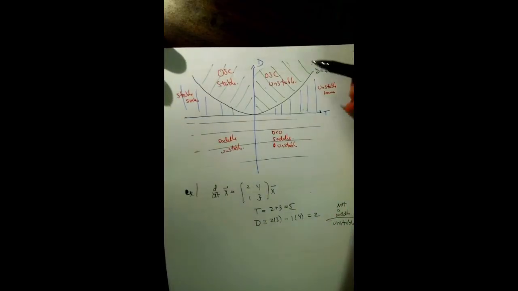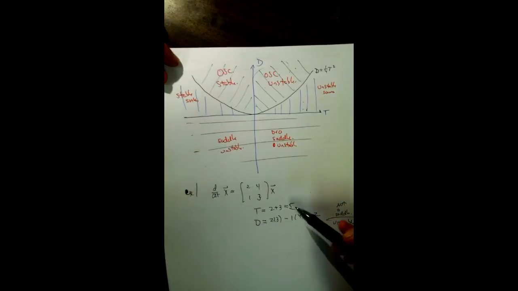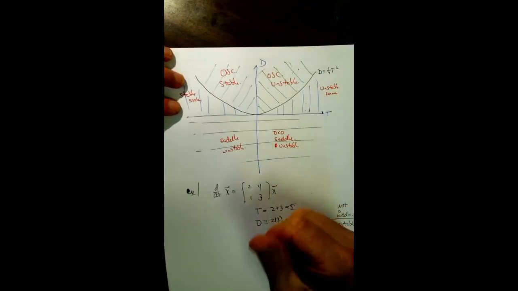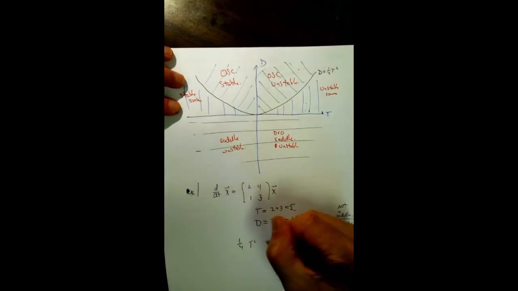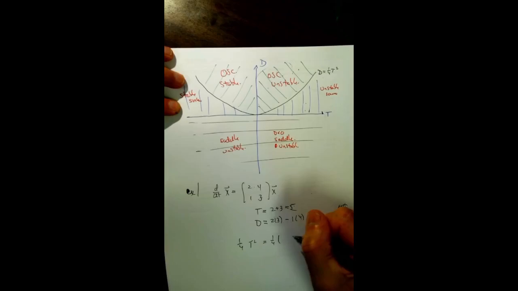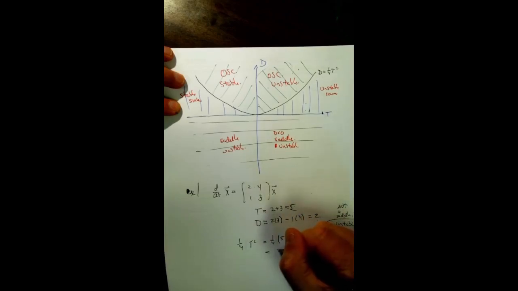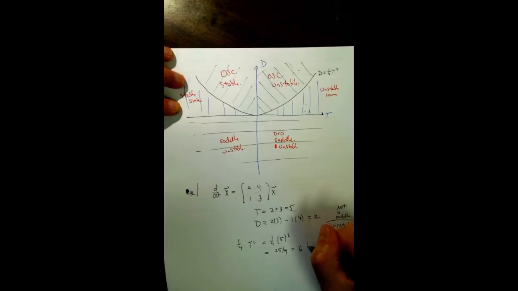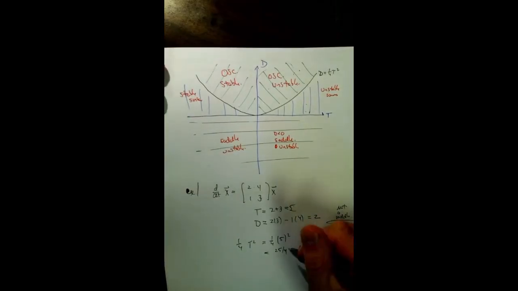It's either going to be oscillating and unstable, or it's going to be a source. And to decide whether or not I'm above or below this parabola, I just have to compare this to 1/4 t squared. Okay, so 1/4 t squared is going to be 1/4 of 5 squared is 25 fourths. So that's going to be what, 6 1/4? Is that correct? I believe so.